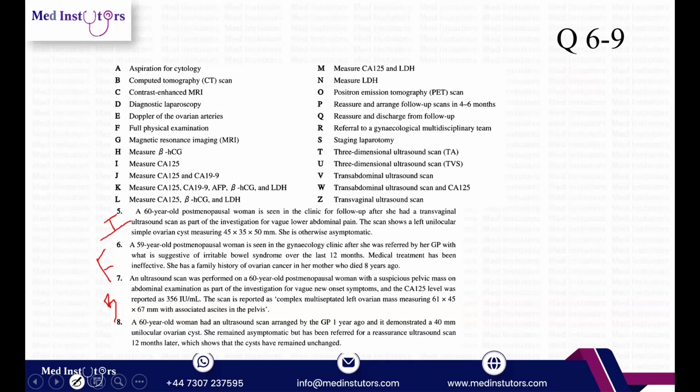Okay. So the correct answer for number 8 is actually I. Okay. Because what is it, individualized treatment or discharge from follow up? Yes. So what they have said in the guideline is basically about asymptomatic cysts which remain unchanged, what would you do for them?